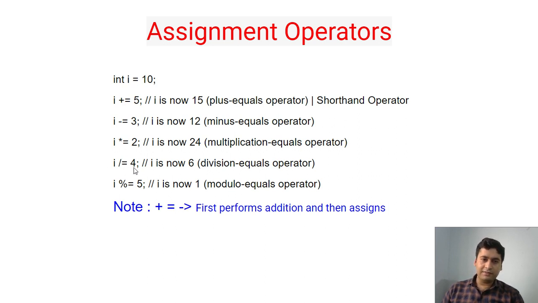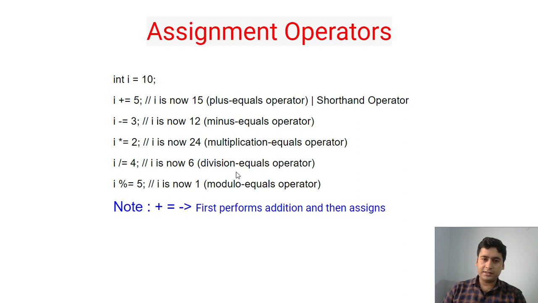So this line will convert it. I is now 6. If you see this, I have 10 and it becomes 6. You can write it like i equal to i divided by 4. Something seems wrong here with the numbers.